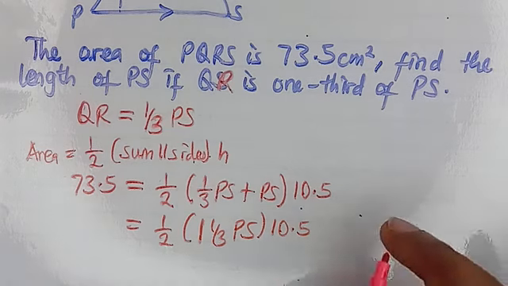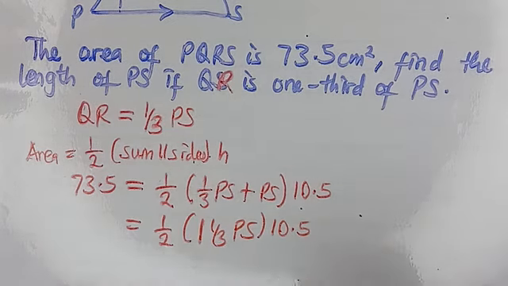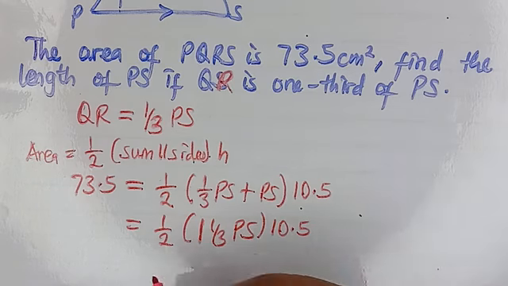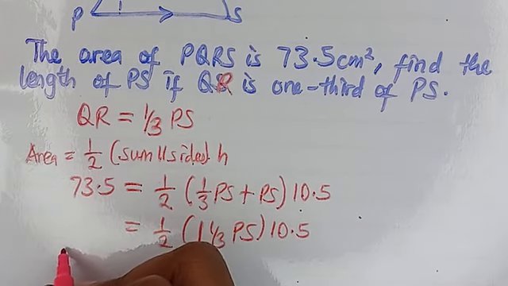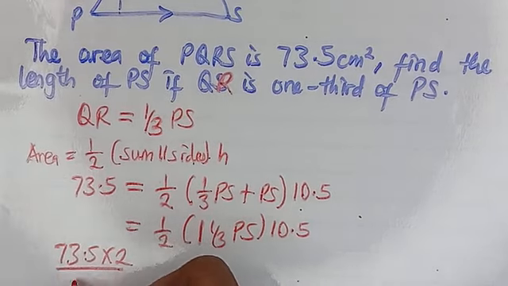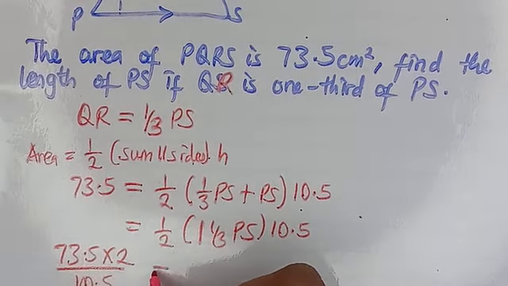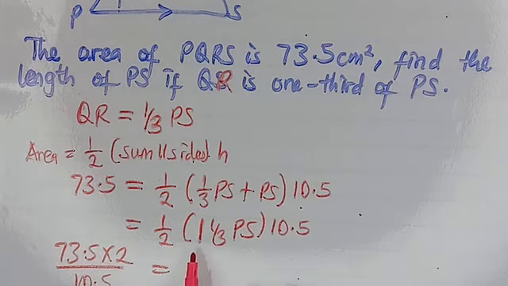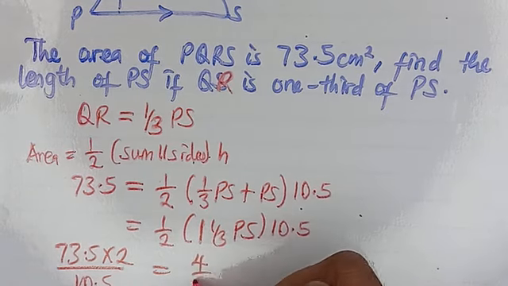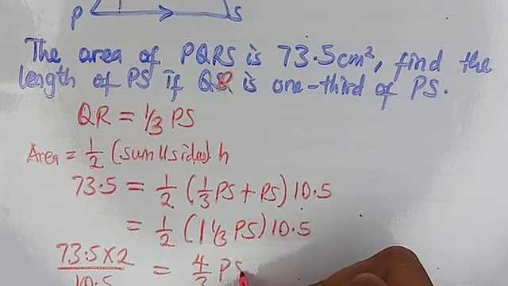Okay, right now we are going to collect like terms. So the 2 is going to multiply and then divide by 10.5. So over this side we have 73.5 times 2 divided by 10.5 is equal to one third of this. We're going to change this to an improper fraction: 1 times 3, that's 3, plus 1, which is 4 over 3 of PS.